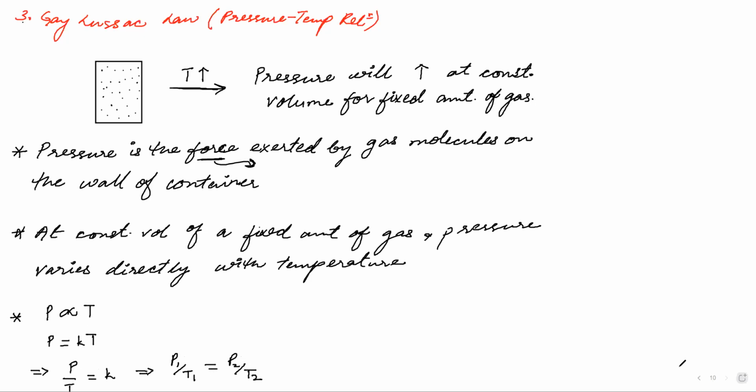Now let us look at the graph, then you can start writing. What is the relation that we have here? Pressure is directly proportional to temperature. So that means a straight line passing through origin.